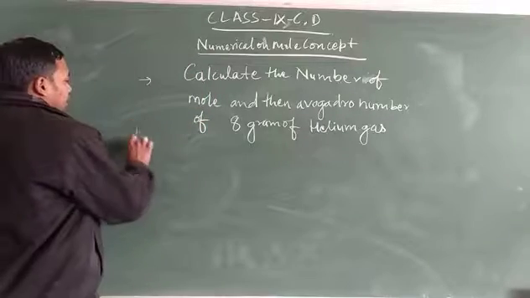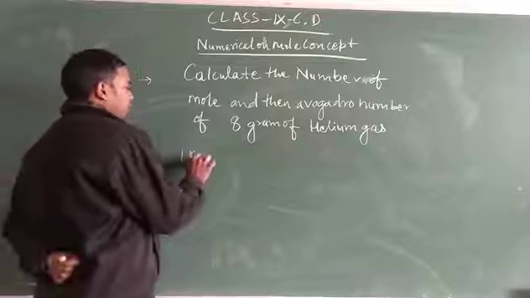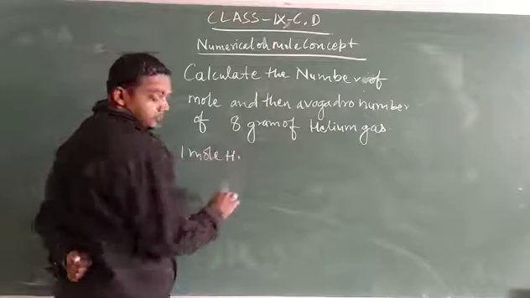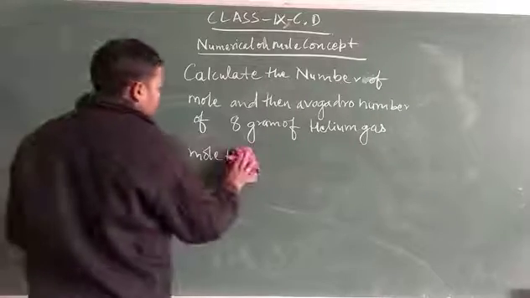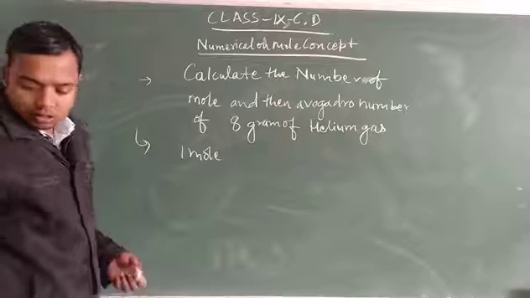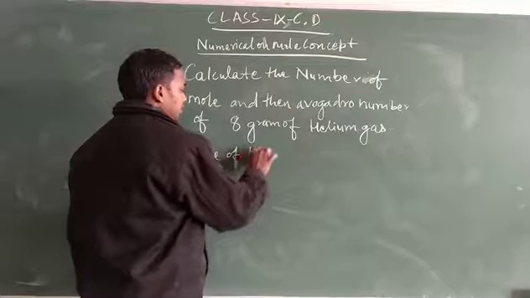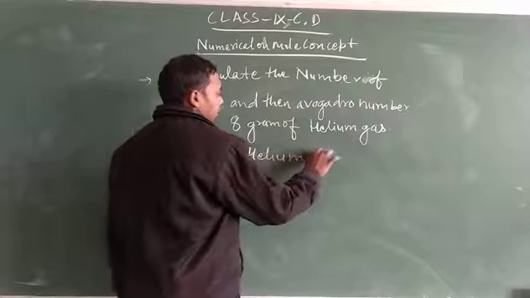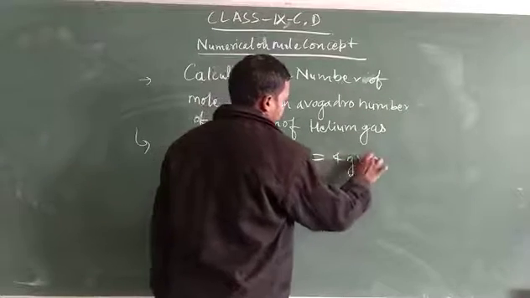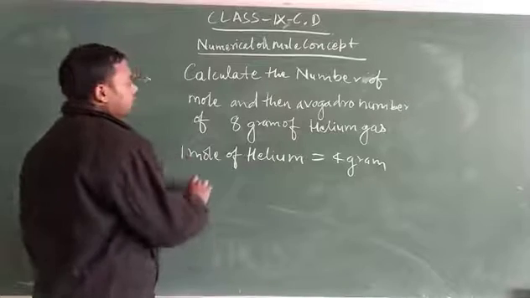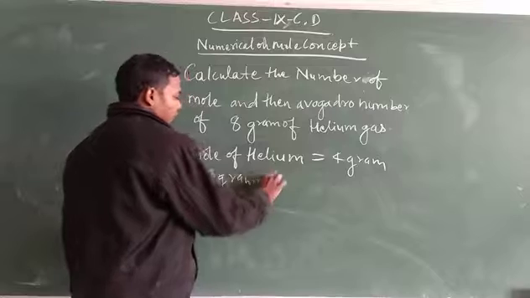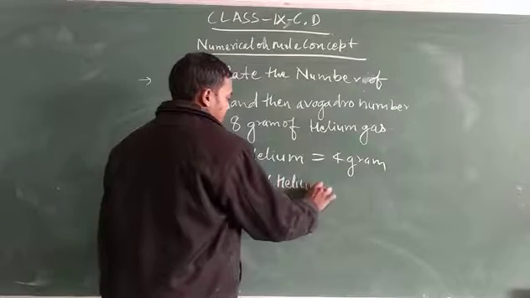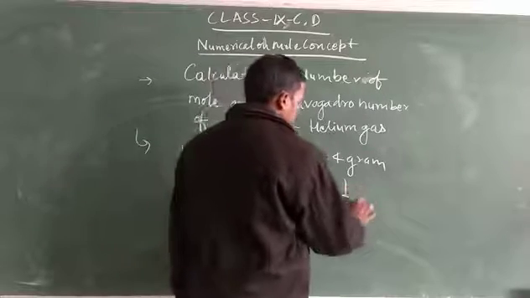That's why we know that 1 mole of helium is equal to 4 gram. Then 8 gram of helium is equal to 1/4 into 8.